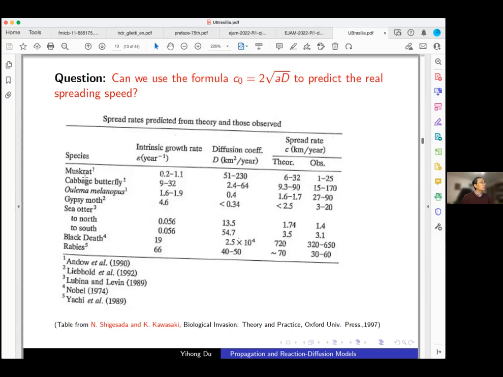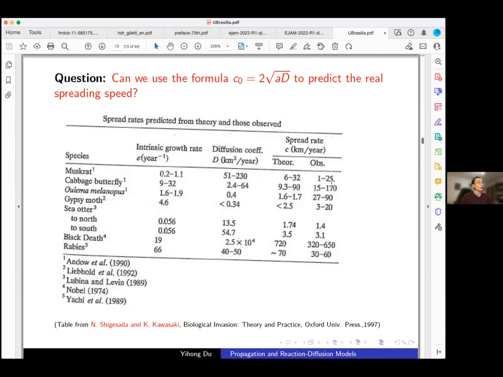For a given species, you don't get a very accurate parameter. Actually, you only get a range. For diffusion rate, you get a range. And therefore, for the theoretical result using these formulas, you get a range for the spreading speed. And for the observation, again, you don't get just a unique value for the spreading speed.